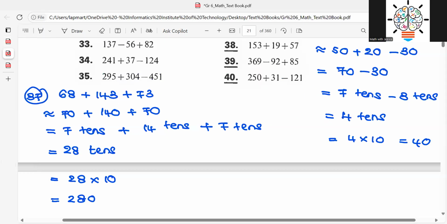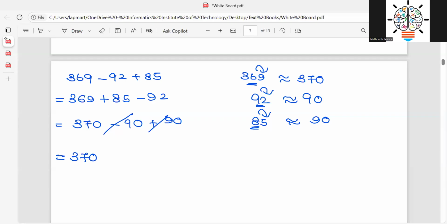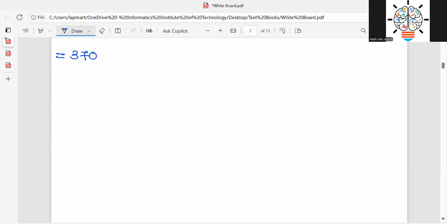Right, so then the last one, 250 plus 31 minus 121. So then how are we going to write? This is the last question, right? 250 plus 31 minus 121. So then we can write this is equal to 25 tens. So then that is 3 tens. And here we subtract 121, which means 120.